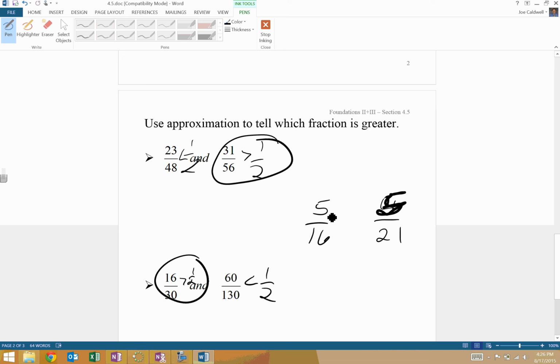This is close to a fourth. 4/16 would be a fourth, right? So 5/16 is then greater than 1/4. 5/20 would be a fourth, but it's not 20th, it's 21st, so that's a little bit less than 1/4. So you can do it with other fractions as well.